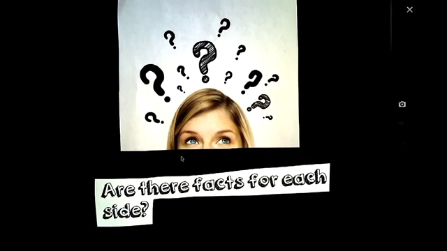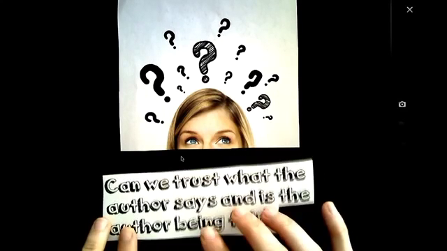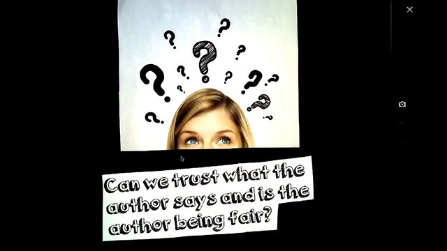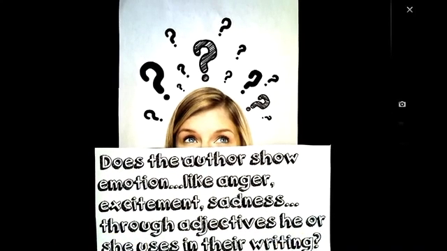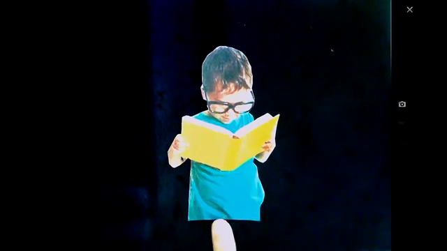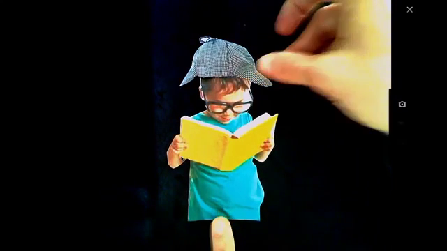Are there facts for each side? Can we trust what the author says? And is the author being fair? And finally, does the author show emotion like anger, excitement, sadness through adjectives he or she uses in their writing? So this requires you, the reader, to put on your detective hats again.